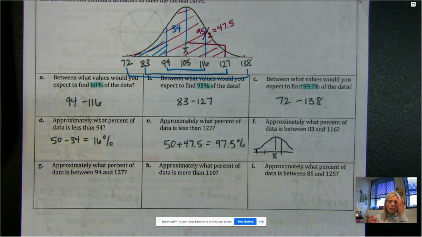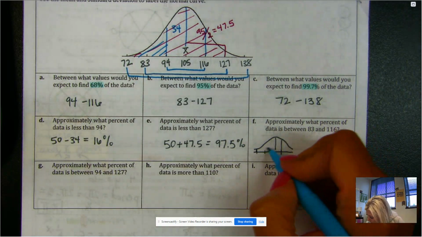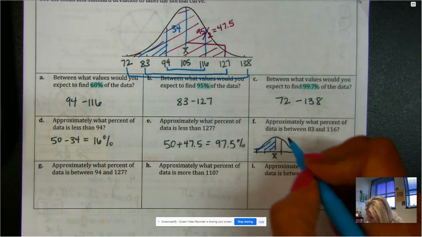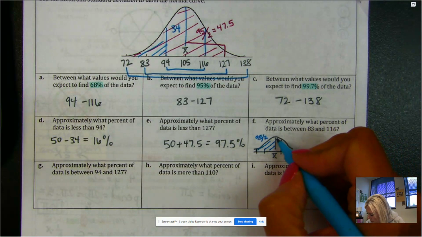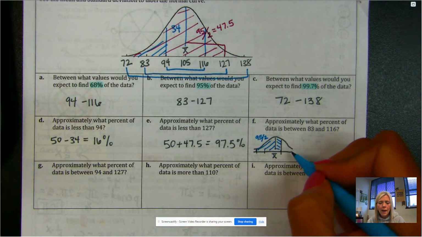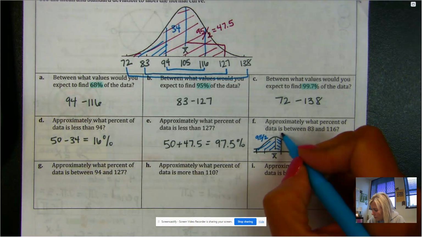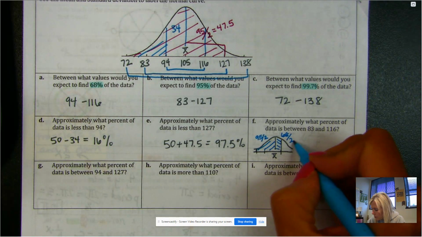Okay. So I'm going to look at it as 2 parts. I know the part on the left is equal to 95 divided by 2. So this space here is equal to 95 divided by 2. And this space here is half of the 1 standard deviation, so it's equal to 68 divided by 2.